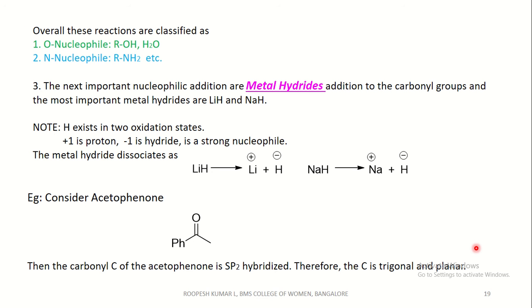The third one, the next important nucleophilic addition, is metal hydride addition to the carbonyl groups, and the most important metal hydrides studied are lithium hydride and sodium hydride. And we all know that hydrogen exists in two oxidation states, that is +1 and -1. +1 is generally called a proton, whereas -1 is hydride, which is a strong nucleophile.